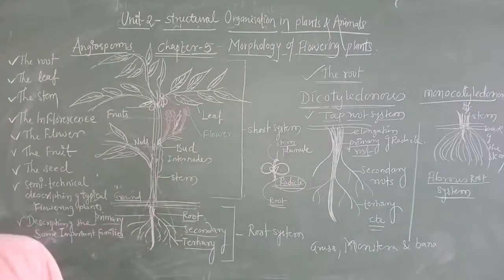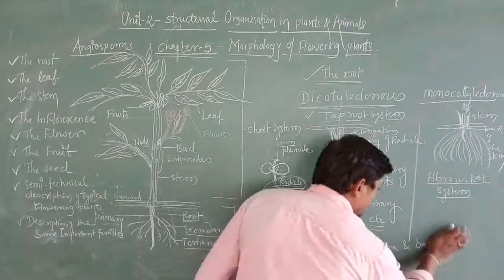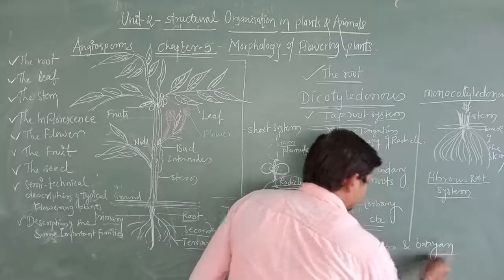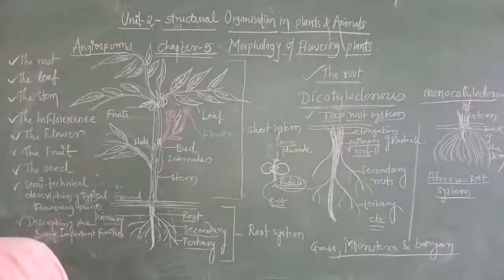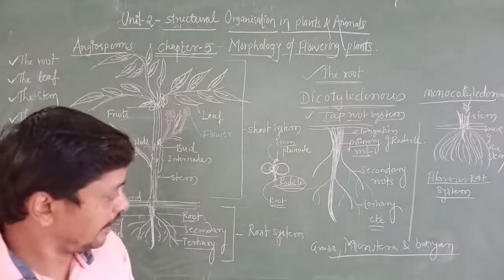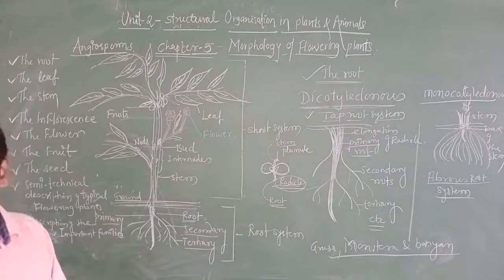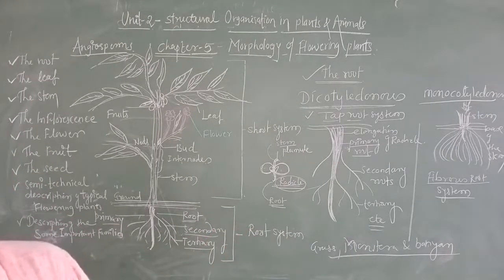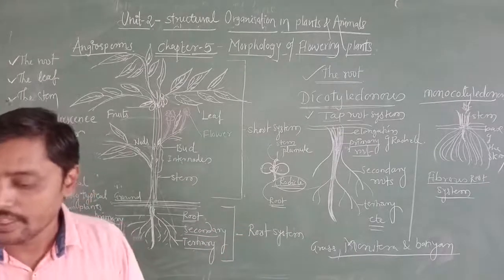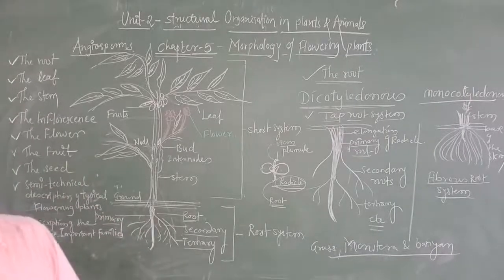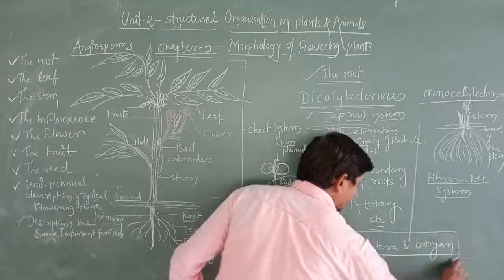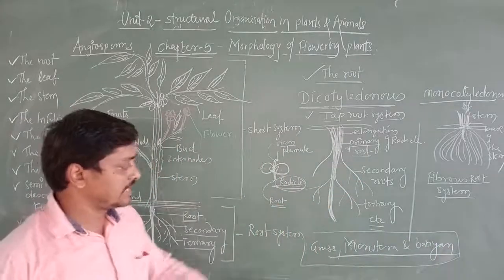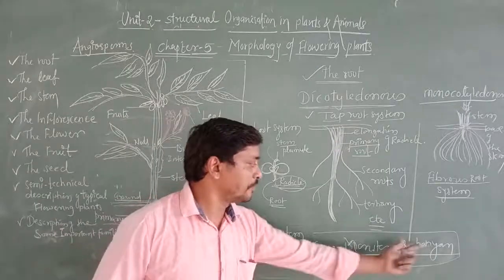Banyan is what you call the Aalada mara. In these plants, the roots arise from other parts of the plant rather than the radical. What happens in these particular plants? Examples: grass, monstera, banyan.